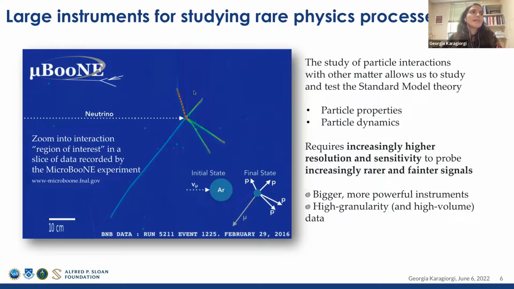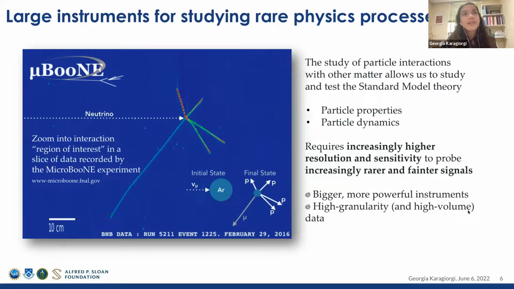And to be able to study increasingly more rare and complex interactions like this, we also require increasingly higher resolution of our detectors, the ability to see individual particle imprints like that, and sensitivity. And this allows us to probe increasingly rare and fainter signals.